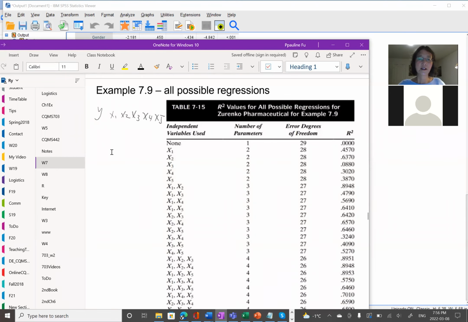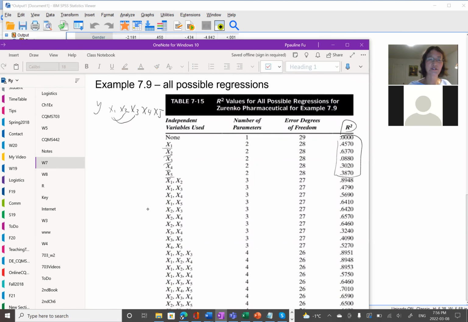And you can run the regression and get the R-square value for those. If you choose two variables, you can pick X1, X2; X1, X3; X1, X4; X1, X5; or X2, X3; X2, X4; X2, X5; or X3, X4; X3, X5; or X4, X5. Those are all possible combinations if you choose only two variables. You run the regression, and those are the R-squared.